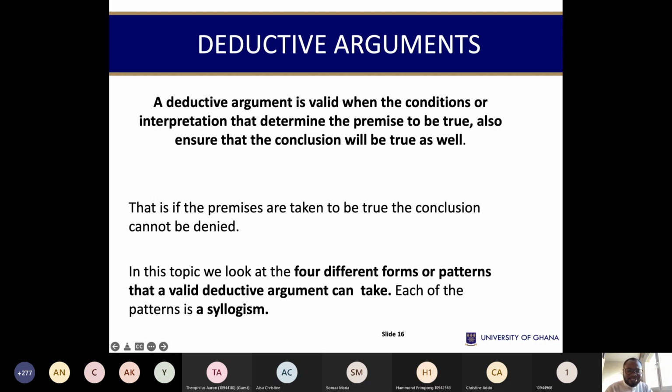So the premises that must ensure the conclusion is true, in this case the premise could also be false. When you have a situation like that, you have an inductive argument. But with deductive arguments, when the premises are true, the conclusion must automatically be true. So mostly we encounter arguments like that.